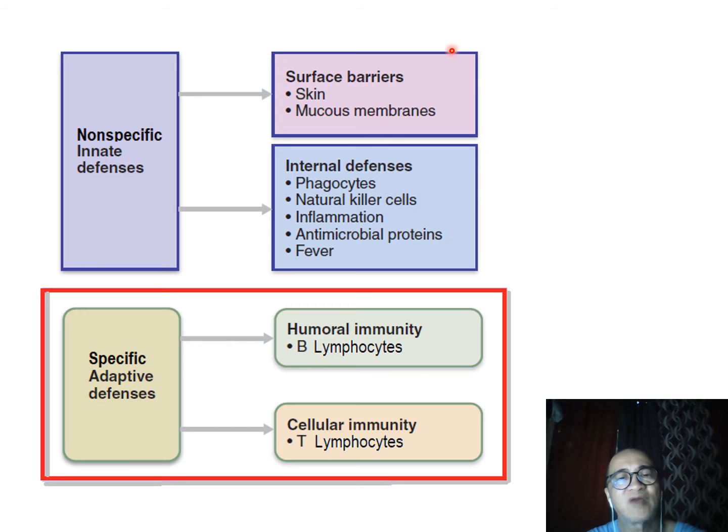Humoral immunity primarily involves the B lymphocytes, and cellular immunity involves T lymphocytes. They have distinct mechanisms of action, but most often they overlap. It must be emphasized, however, that innate and adaptive defenses are inextricably intertwined mechanisms.